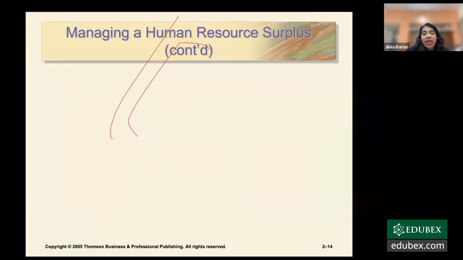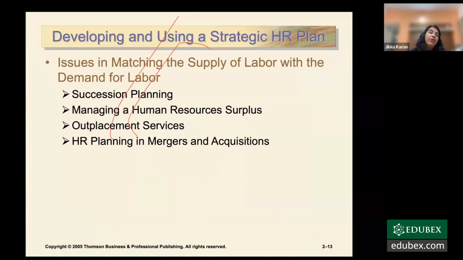Whenever there are outflows and inflows, it becomes the responsibility of the organization to match them, so that you will have the right number of people to execute the task at the right time. Now we will have a quick look at the issues in matching the supply of labor with the demand of labor.